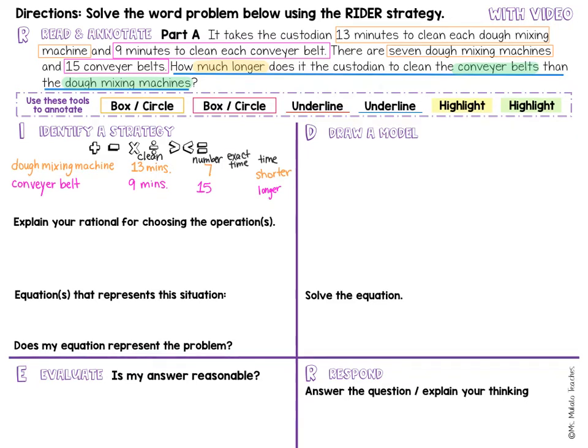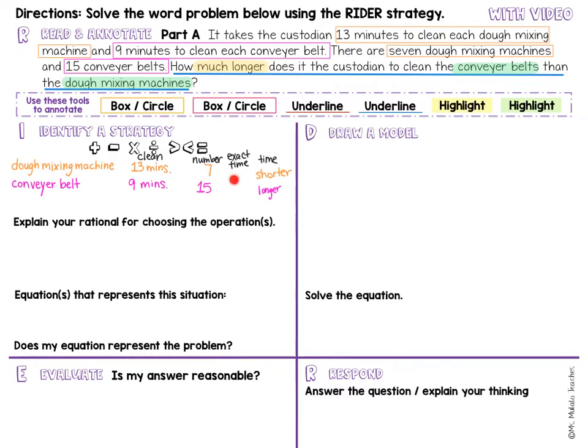So this is where our math comes in. To find the exact amount of time, what do we have to do with 7 machines that take 13 minutes each to clean? Well, if they each take 13 minutes, we know we have equal groups. So we are not going to take 13 minutes plus 7 machines.